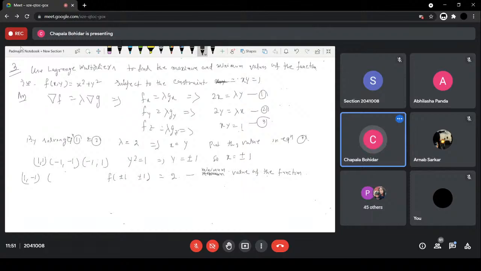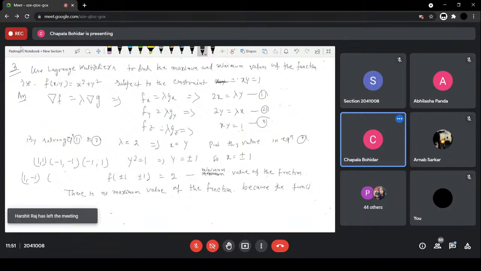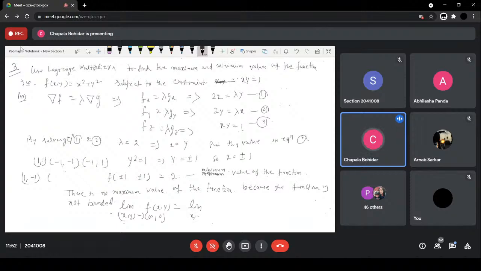Because the function is not bounded. The limit as x, y tends to infinity of f of x, y is equal to the limit of x square plus y square, which is equal to infinity.